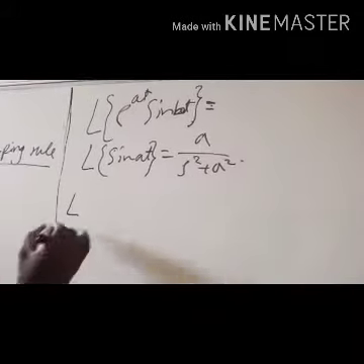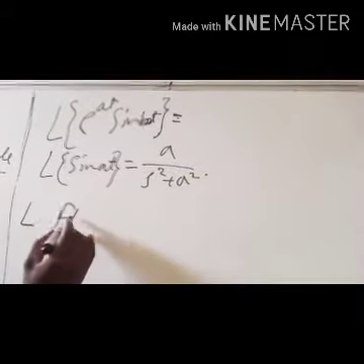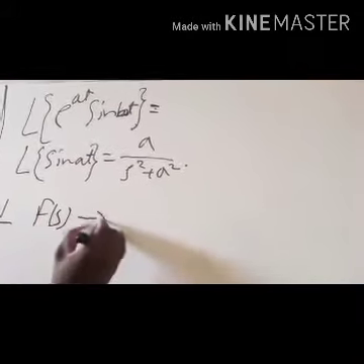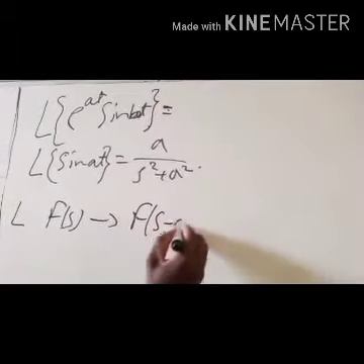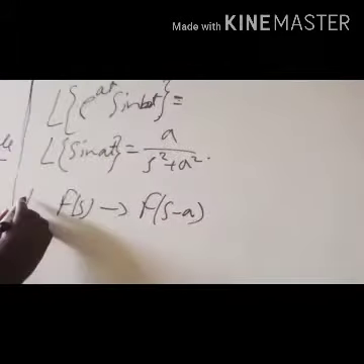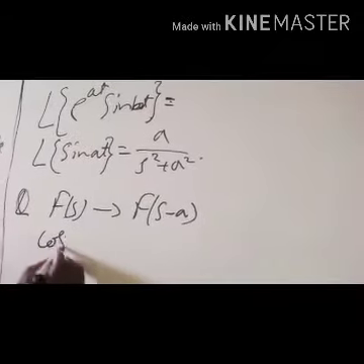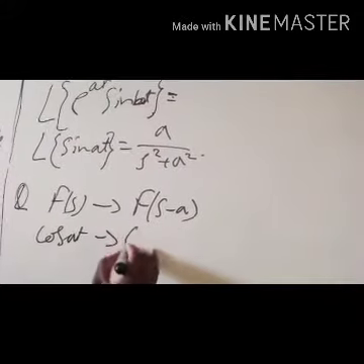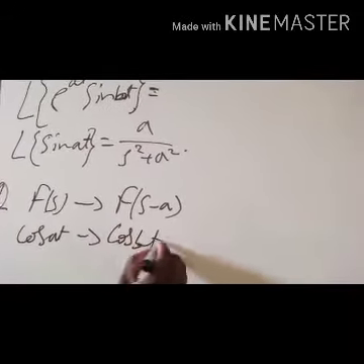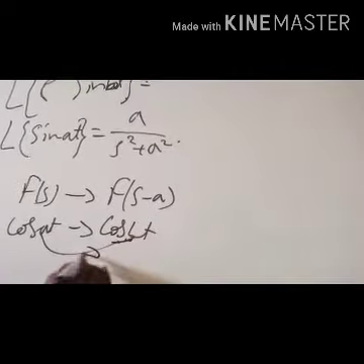By using the general formula, F(s) must be transferred to F(s − a). As with cosine of at transferred to cosine of bt, a must be transferred to b.